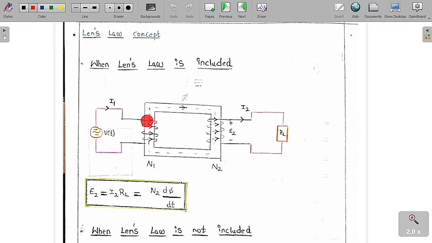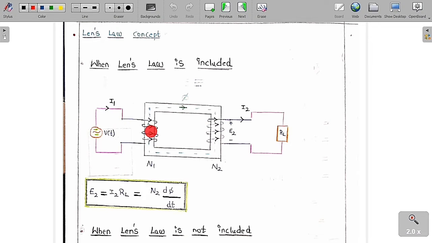For this primary coil, I am going to give a supply voltage, which is V of t. This is plus and minus. Current is going to go out of the positive terminal. Let me assume this is the I1 current. The current is going to flow in this manner. You can see clearly the direction of the current is going to make a closed loop in this manner. Like this it is going to pass.